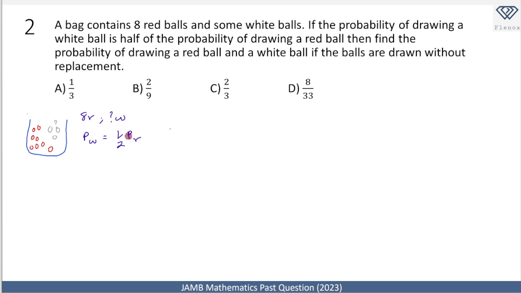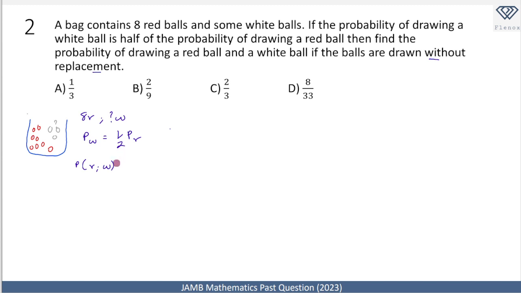Now the question is, we should find the probability of drawing a red ball then a white ball without replacement. As you can see, the keyword is without replacement. And what does that mean? It means that first I'm going to draw out a red ball, then without putting the ball back, I'm going to draw another ball. And what is the probability of the first one being red and the second one being white?